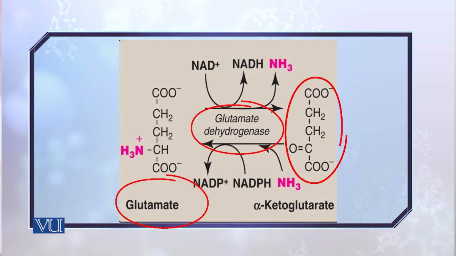Also, as I have told you, because NADH is formed, we have been seeing that NADH in the mitochondria gives rise to the formation of ATP. So, it is an energy giving reaction also.